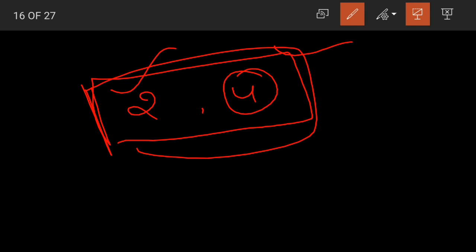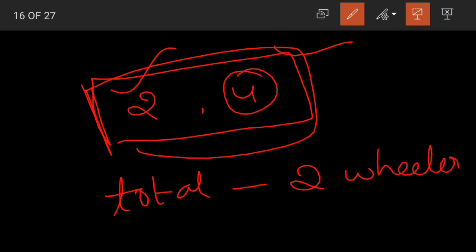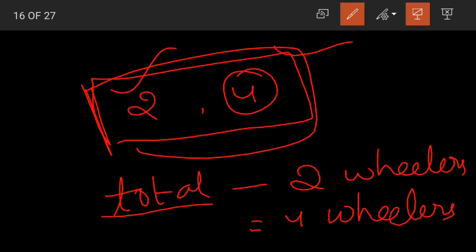How will we find out, children? We subtract the number of two-wheelers from the total number of vehicles, and the answer we get will be the number of four-wheelers. Yes children, from the total number of vehicles, if we remove the two-wheelers manufactured, the remaining will be our four-wheelers.